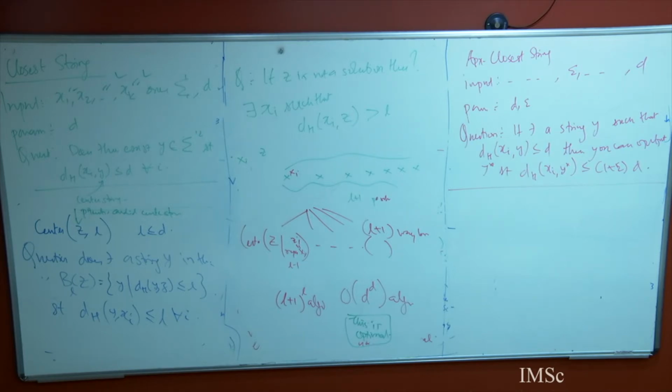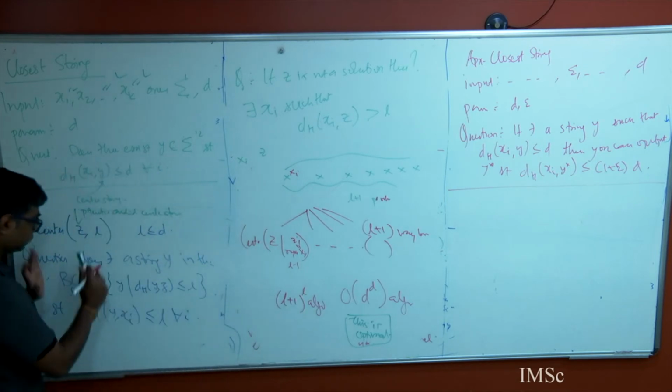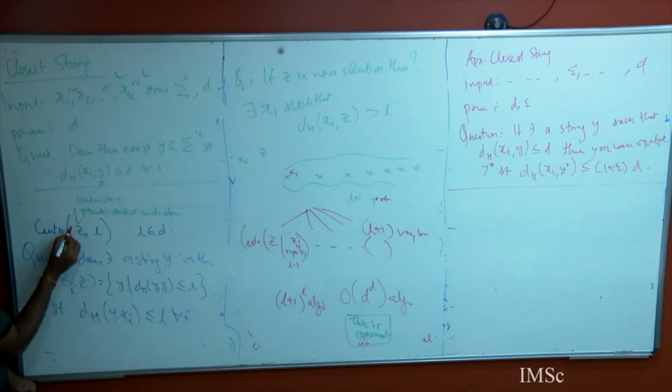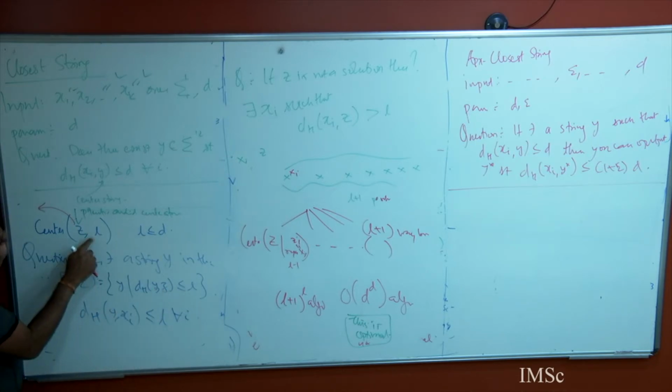But if I give you a string, that doesn't mean that there exists a center string with Hamming distance at most d. Okay. Now I will do the same algorithm. But now what is the property of Z? Does there exist a string y in this? Now what should be my L?